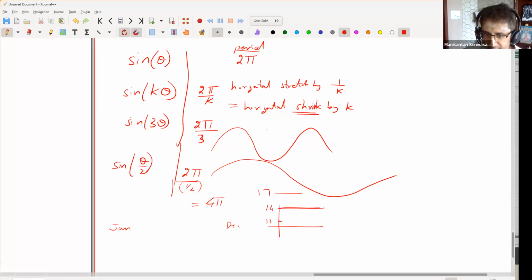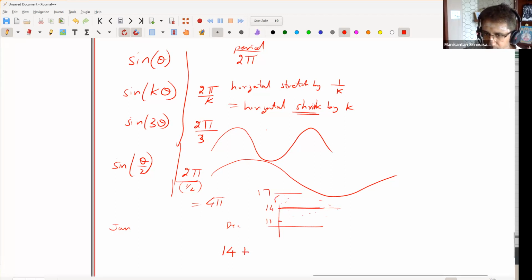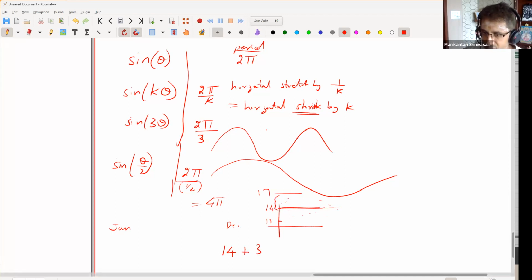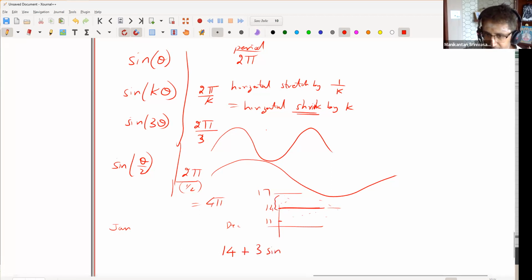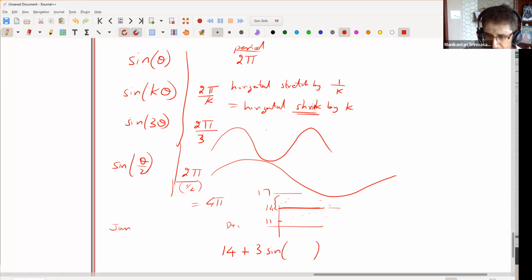I can say 14 is the base value and the amplitude is 3. So 14 plus 3 to 14 minus 3. And with some sinusoidal, I can have a period here. So let's say the period is 12 months or something, right?